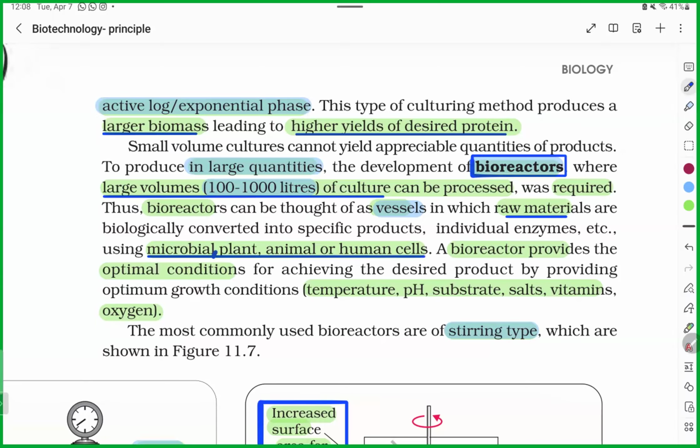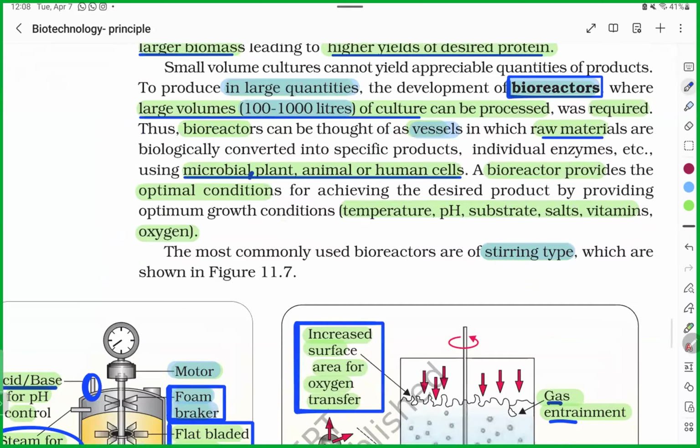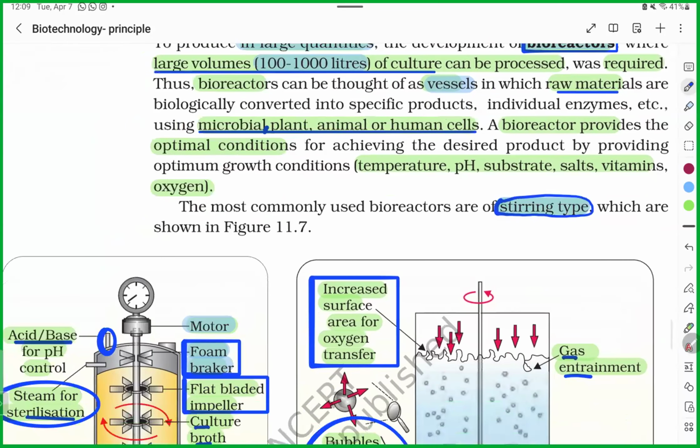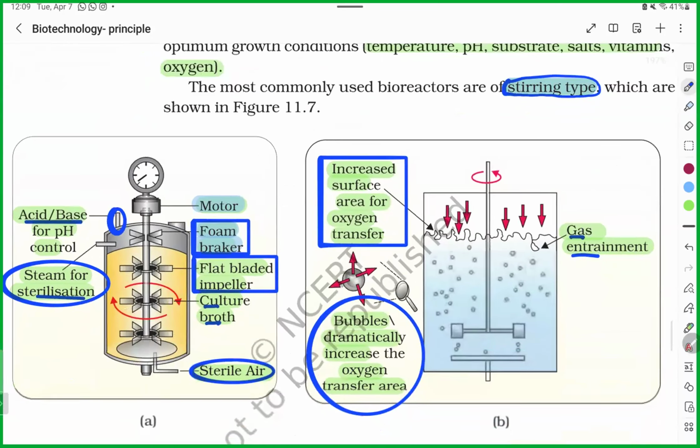What is the benefit of a bioreactor? In a bioreactor, we provide the best condition. The most common bioreactor is the stirring type, where we continuously provide the whole system. Look at the diagram, we recently did this.